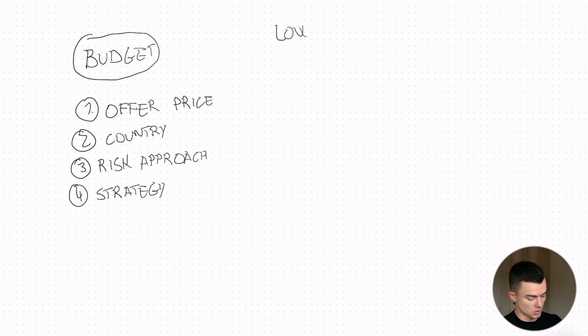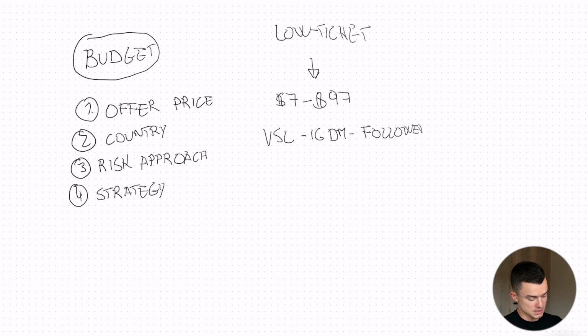But for all of these strategies, the point that I was trying to make is that you're going to need a different budget. For example, if you need to run ads for a low ticket offer, where you sell a front-end product that is anywhere between $7 to $97, the budget that you are going to need initially will definitely be higher compared to the VSL strategy, the IGDM strategy, the IG follower strategy, because you are selling an offer and asking people to give you money right away.